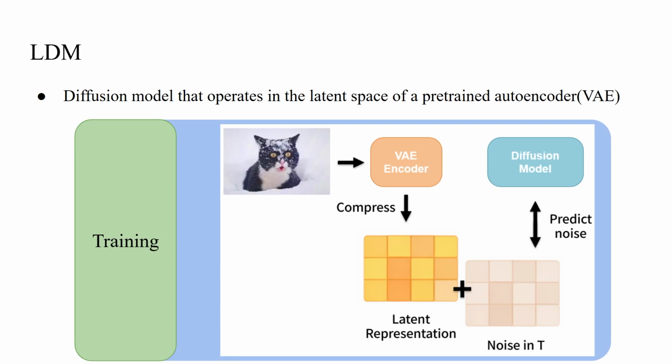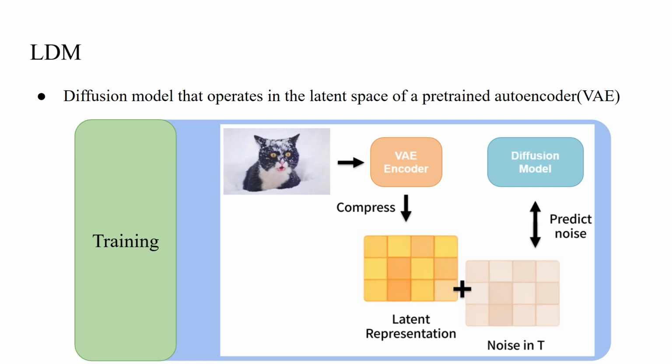Now let's introduce latent diffusion model. LDM is a diffusion model that operates in the latent space of a pre-trained autoencoder, usually a VAE. During training, the input image is first passed into the VAE encoder. The encoder compresses the image into a latent representation.